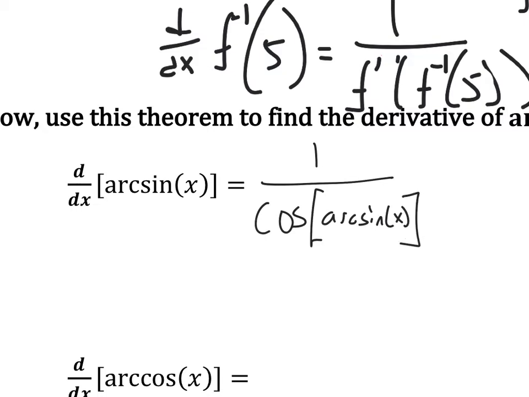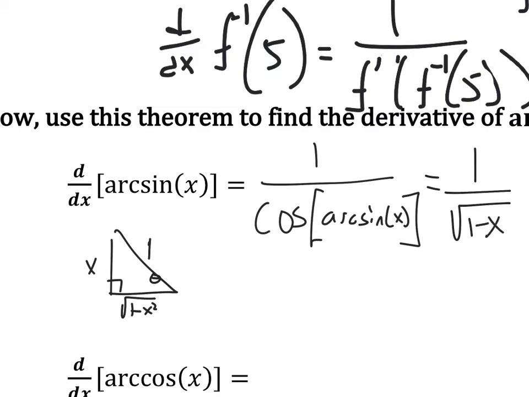Well, what is the cosine of the arc sine of x? Well, looking back at the triangle that we had on the other page, we said that if the sine is x, then this was the square root of 1 minus x squared. So if the sine of this angle is x, the cosine of that angle is going to be the square root of 1 minus x squared.